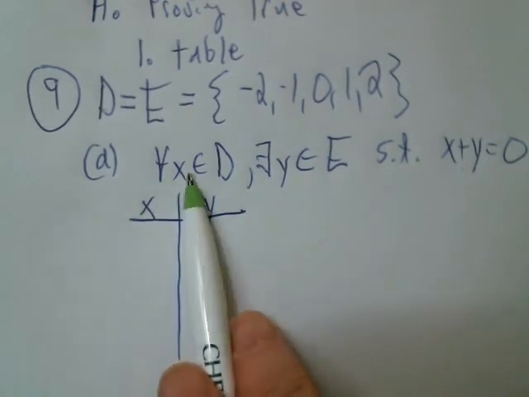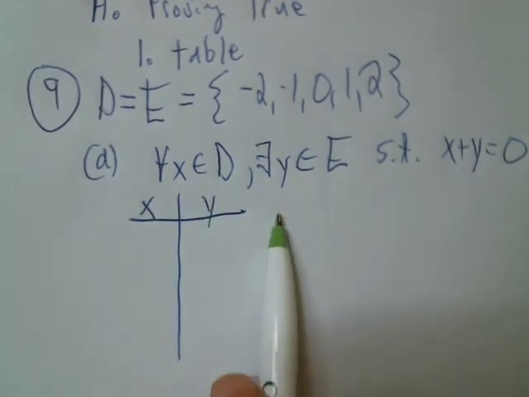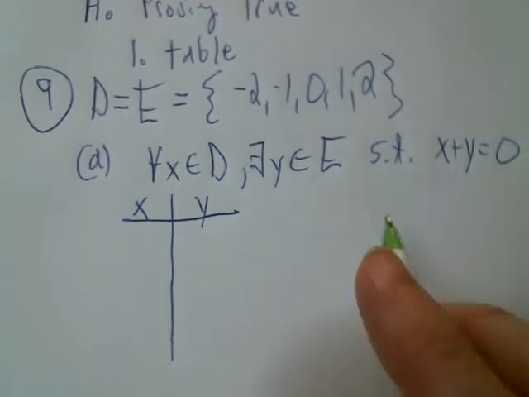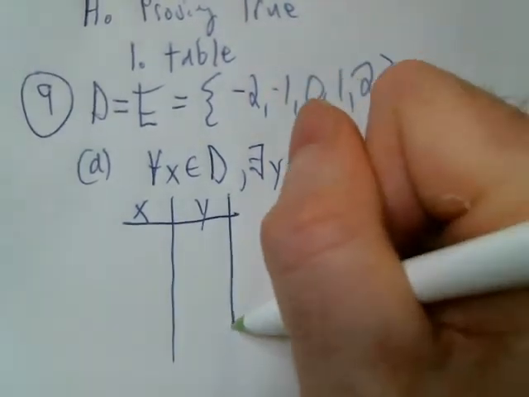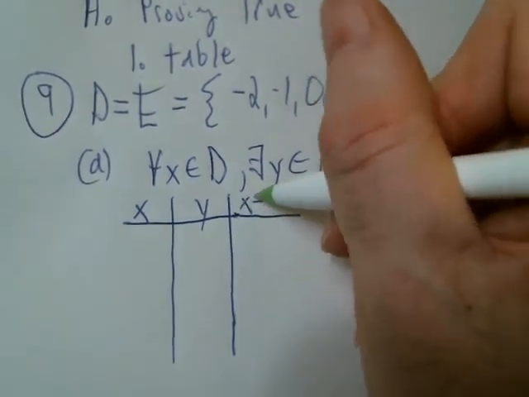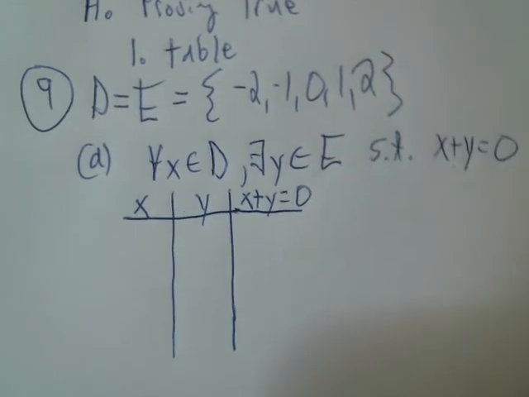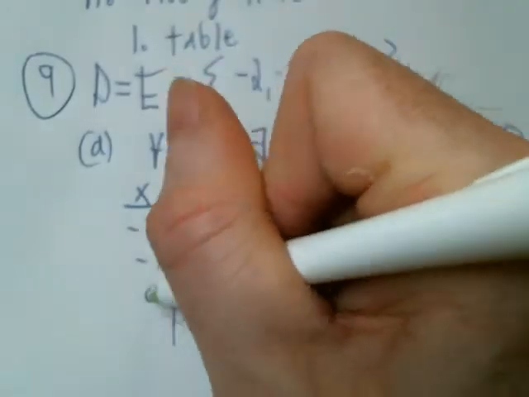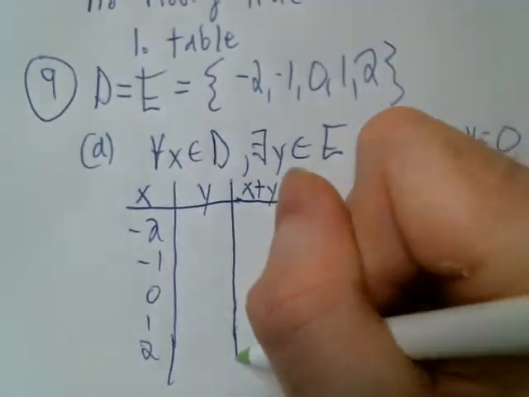This just says for all x out there, there exists some y, I don't know which one, such that x plus y is 0. So I'm going to find a corresponding y for each x and show that x plus y is in fact equal to 0. Okay? So there's -2, -1, 0, 1, 2.